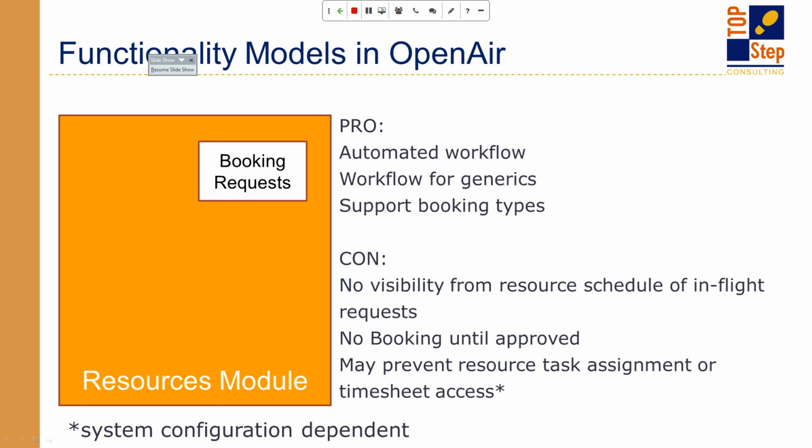You have the ability to even restrict workflow so that only a generic resource can be requested. That works really well within a centralized model, because the decision makers are the ones receiving the request for a generic resource, and then it's up to them, depending on what type of generic is requested, to go find a named resource that matches that skill set.